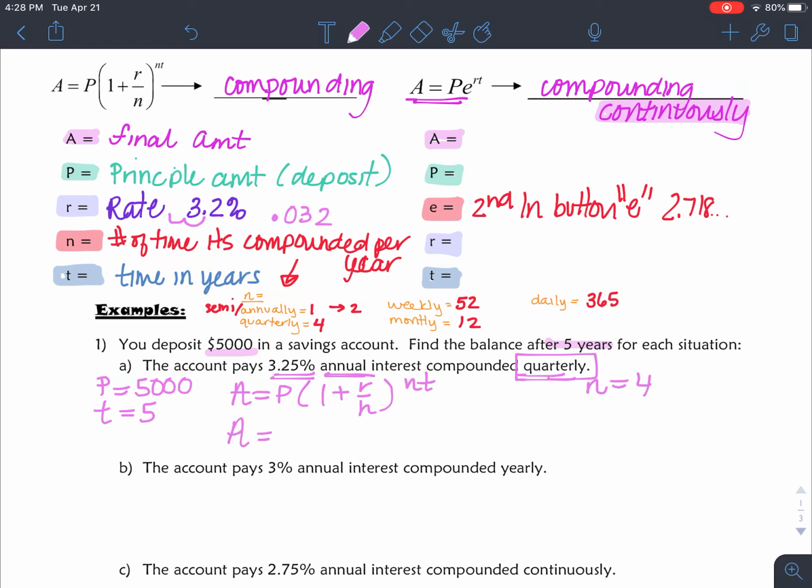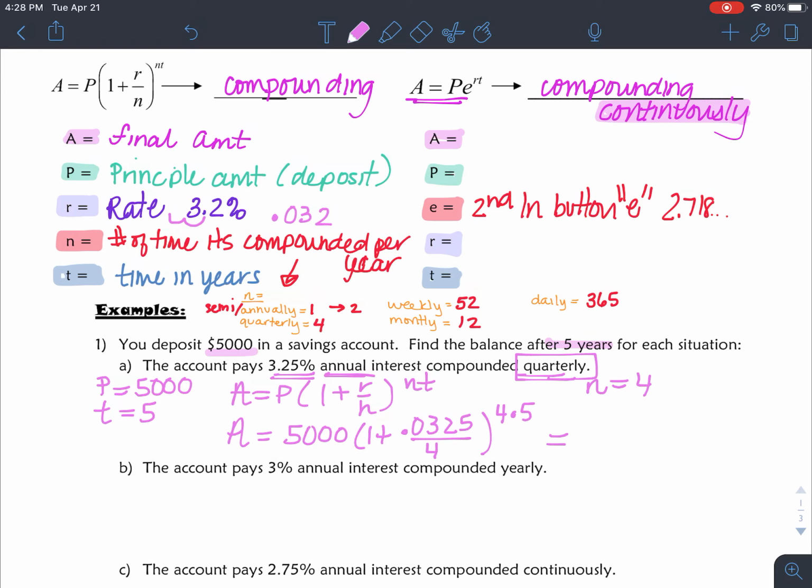We're depositing 5,000 times 1 plus R, which is 0.0325, all divided by 4, raised to the N, which is 4, times T, which is 5.